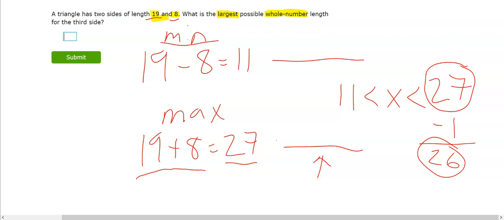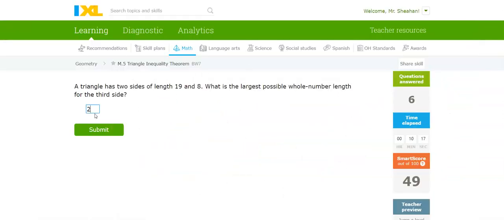So what you want to do is find basically your range. Find your minimum or your maximum, whatever they want. And for the maximum, you want to go down by 1. You want to make it into this little range that they have, but you want to find the biggest number in that range. So here we should have 26.